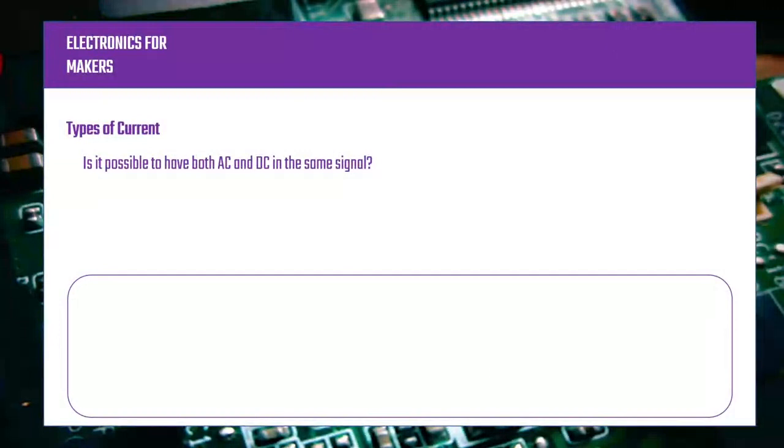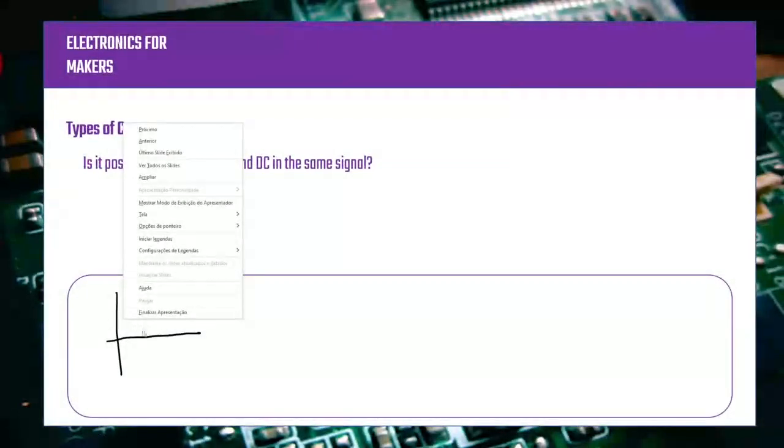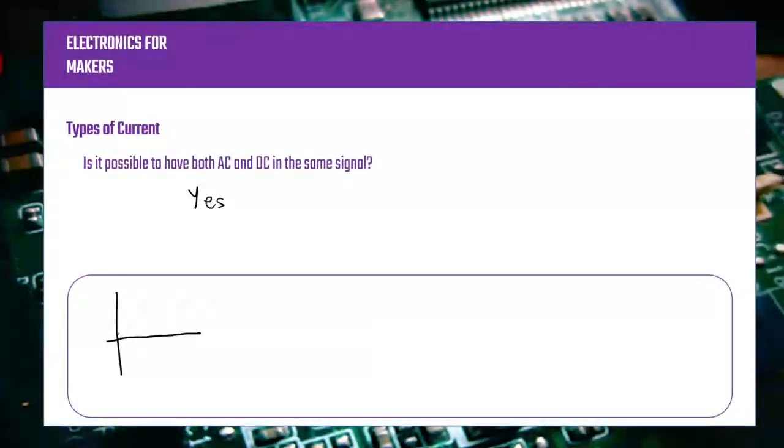And is it possible to have both AC and DC in the same signal? Yes. A signal can have a variation here. See? It has a small variation, but it has a floor.